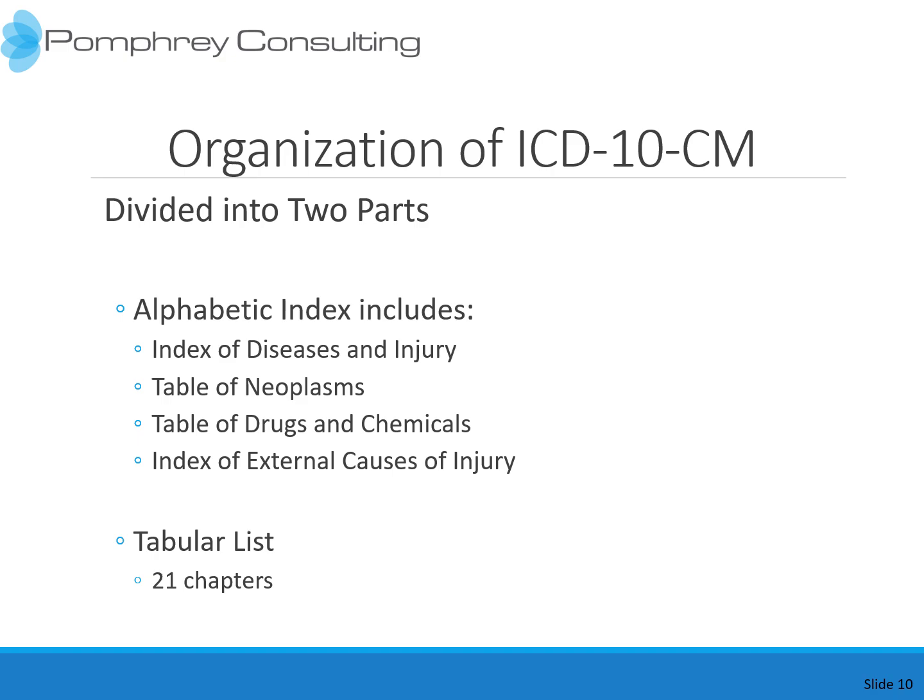This also helps you navigate within the encoder a whole lot better. So if you haven't had any experience with the actual ICD-10-CM code book, it's very important that you get your hands on one and use it. I highly recommend that you use it throughout this course.